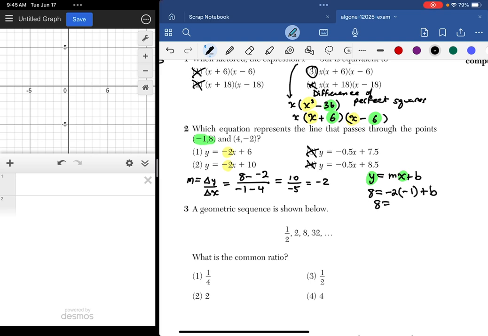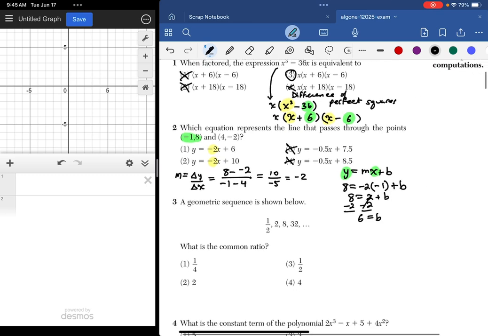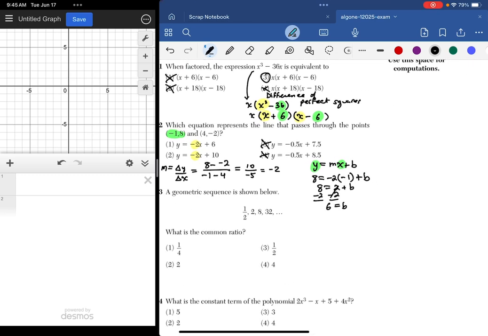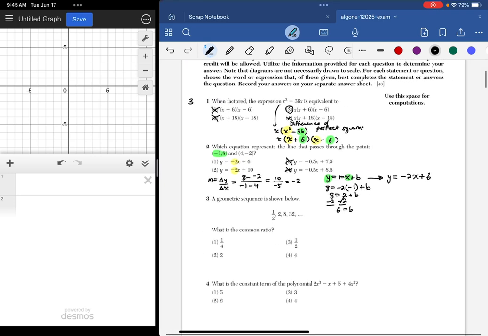So 8 equals 2 plus b, subtract off the 2, and I get 6 equal to b. All right, so my answer here, again, in the form of y equals mx plus b, y equals negative 2x plus 6. So it's going to be choice 1.